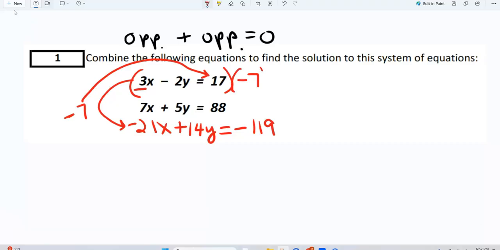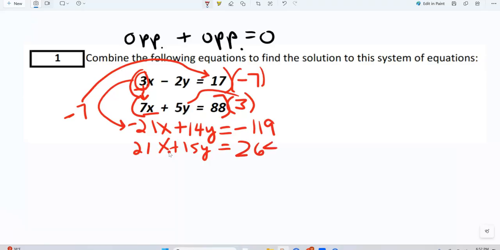Now I'm going to do the same thing over here, but multiply this equation by 3, keeping it positive because I want a positive x term. 3 times 7x is 21x, and as you can see, the x's are going to cancel. Then 3 times 5 is plus 15y, and 3 times 88, you might need a calculator, is 240 plus 24, that's 264.